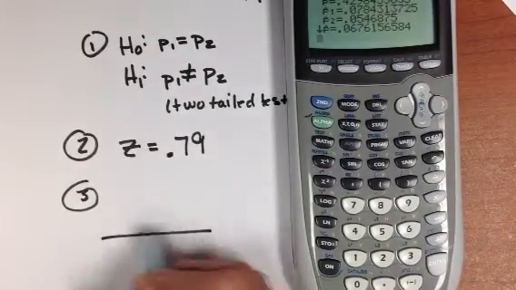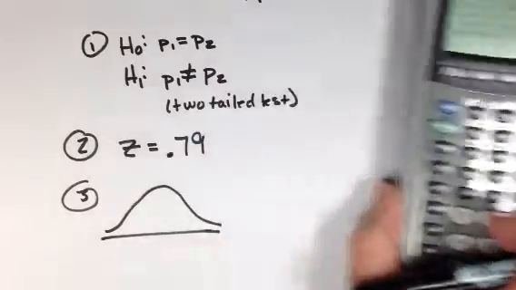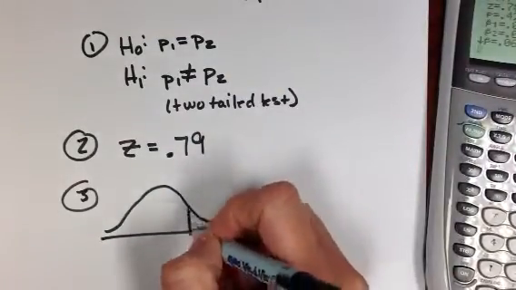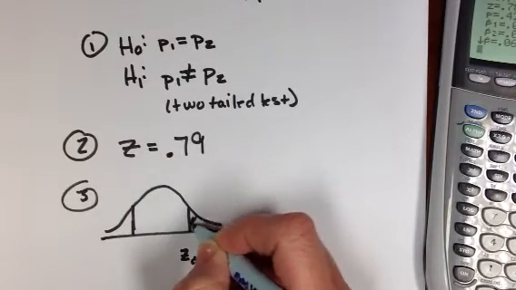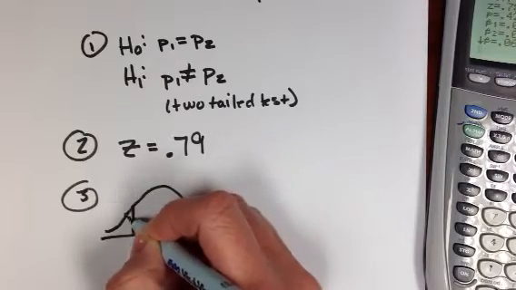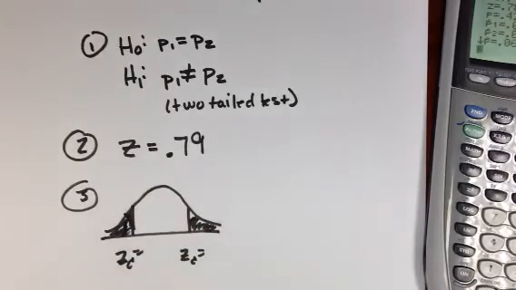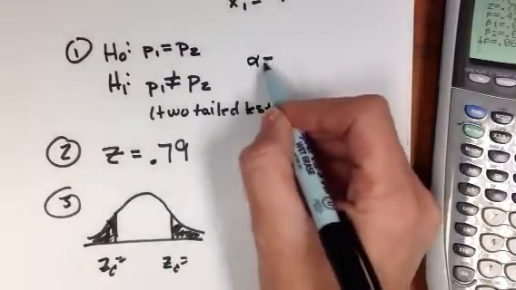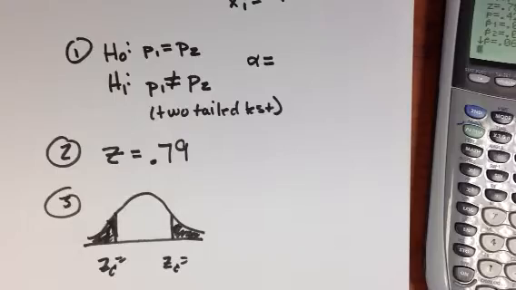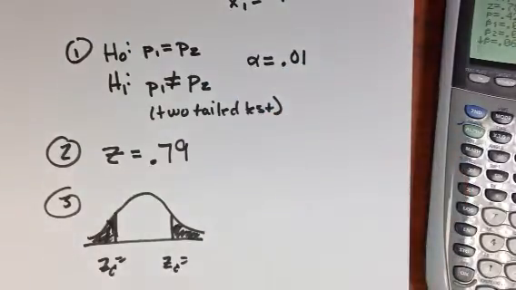So in step 3, we're going to draw our critical region here. I go back up here and look at right-tailed, left-tailed, or two-tailed. This is a two-tailed test. So I'm going to have 2 areas of rejection here. Remember, I'm shading my rejection region. Oops, I forgot to write down alpha. It said use a 1% level of significance. So alpha is 0.01.